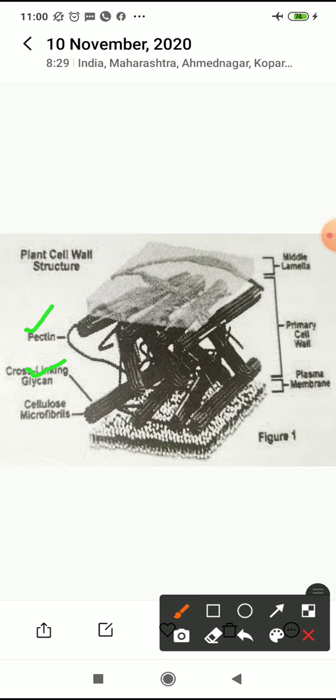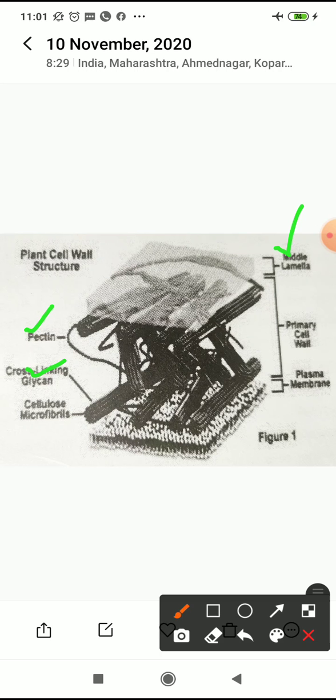Now, middle lamella. A specialized region associated with cell walls of plants. Sometimes considered as additional component of them, that is middle lamella.